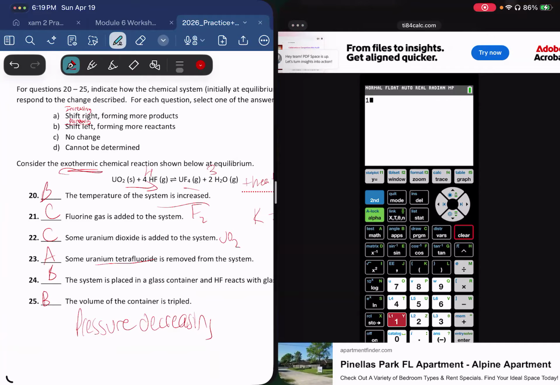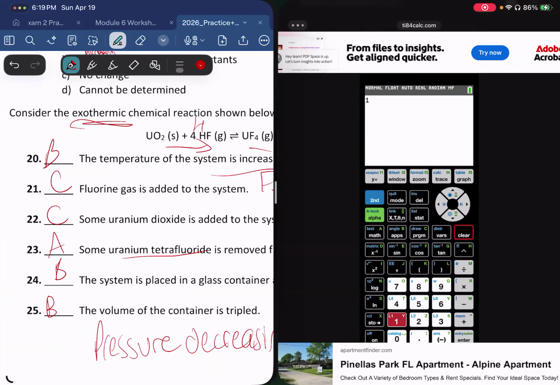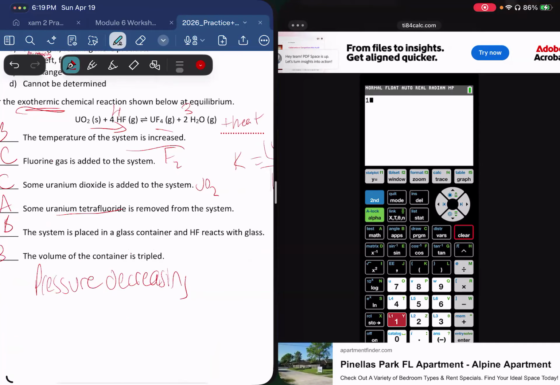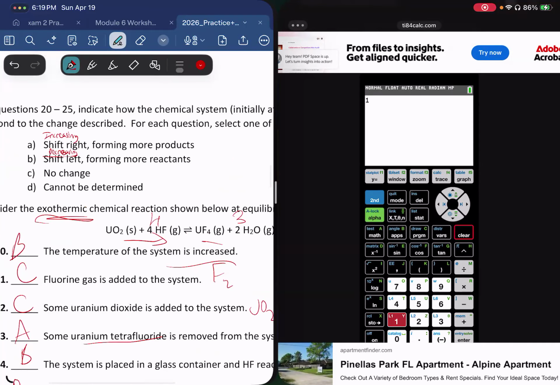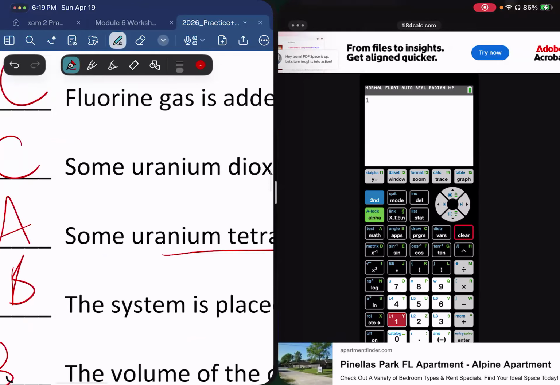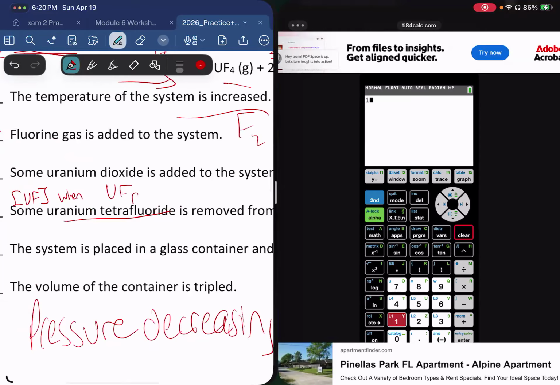What's the concentration of UF4 going to be now that the equilibrium shifted? That would be cannot be determined, I feel like. Do you get what I'm saying there? Wait, can you say that again? Yeah, let's say A is increasing, B is decreasing, C is no change, and D is cannot be determined. Let's say we're talking about the concentration of UF4 when UF4 is being removed.